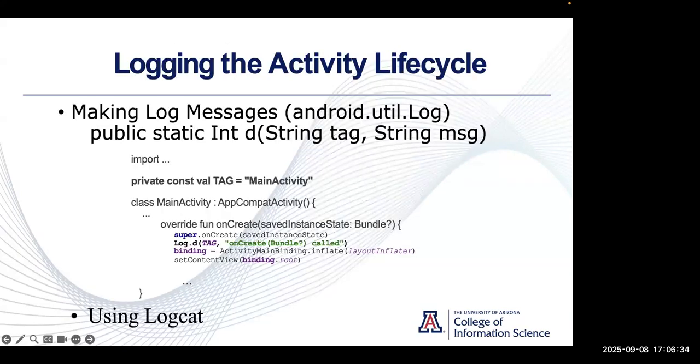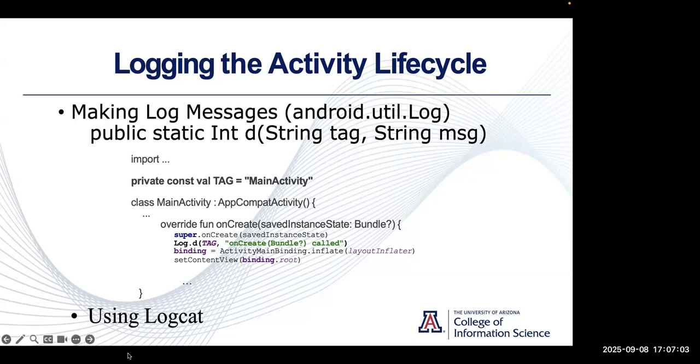All right, so logging the activity lifecycle. To make log messages in Android Studio, we use android.util.Log. And we're going to have to use public static int d, with a string tag and a string message. Pretty much the tag is what is going to allow us to log some of the messages that are there.